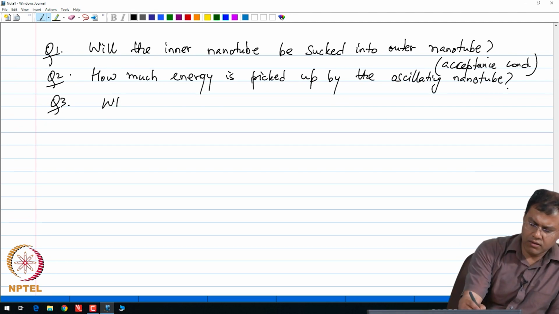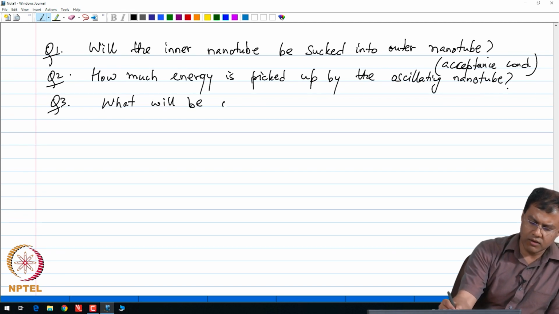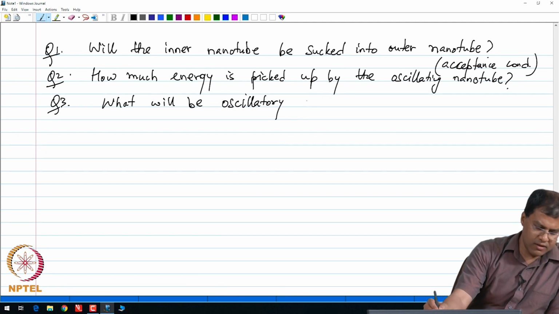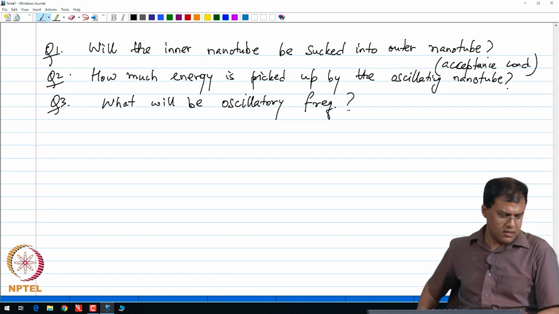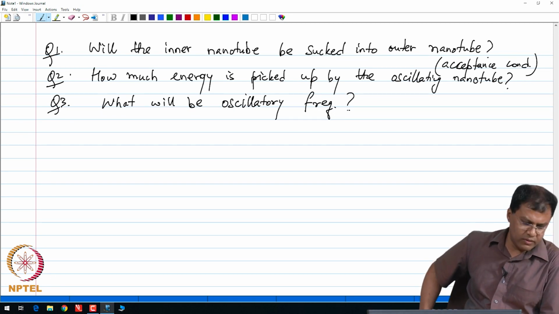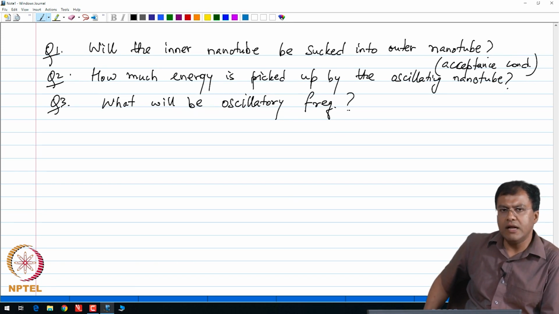So, what will be the oscillatory frequency of this motion? Okay. So, the assumption is the 2 nanotubes interact completely via the inner portion of the nested inner nanotube.